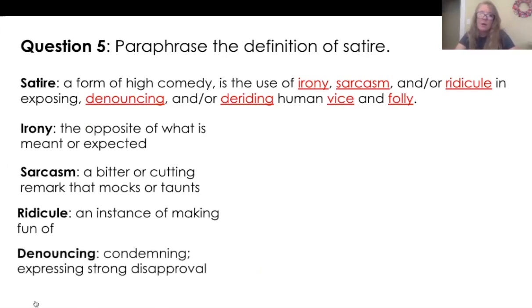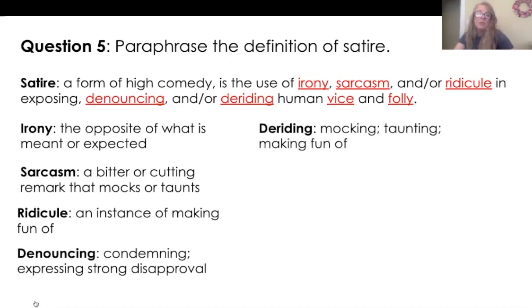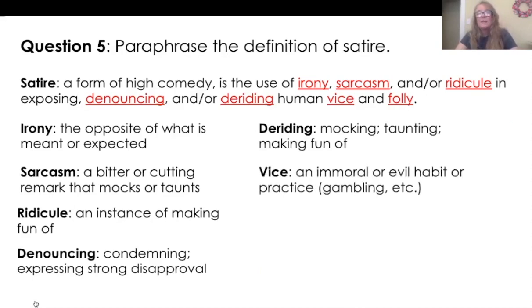Denouncing, which we've talked about, is condemning or expressing strong disapproval of something. Deriding is mocking, taunting, or making fun of, okay? Vice is an immoral or evil habit or practice, such as gambling, you know, or other bad things, vandalism, bad things. And then folly is a foolish action or something that's absurd.